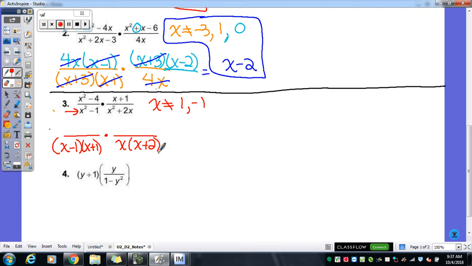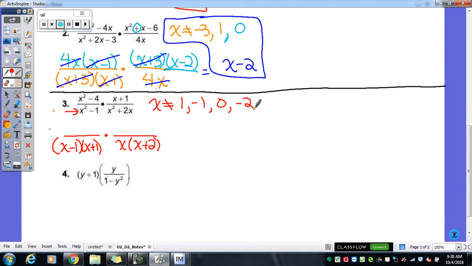So then we're left with x plus 2. So for this one, we could set this GCF of x equal to 0. So we would have a 0 as another restriction. What would the other one be? Negative 2. So that one's got 4 restrictions that time.